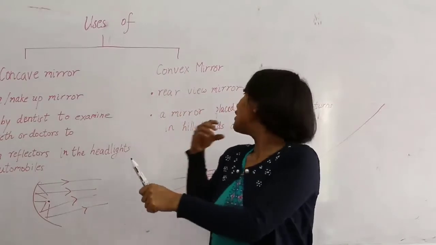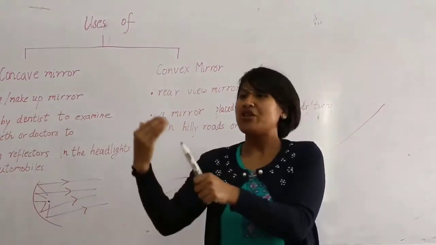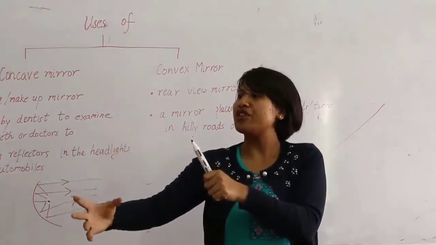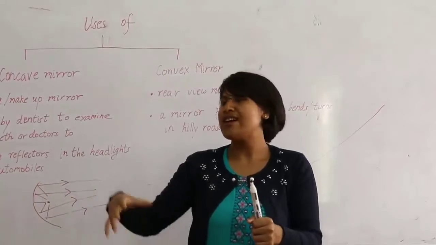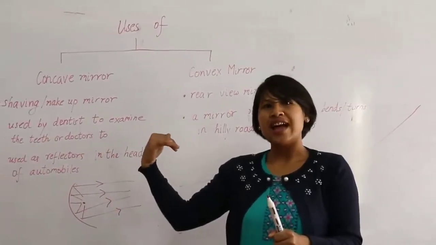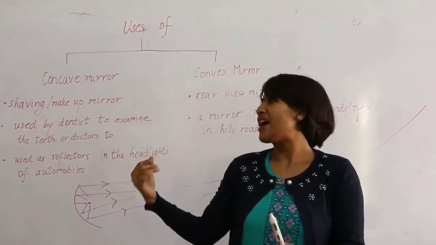It's not possible to do that by turning your head. With the help of a rear view mirror, when you want to start, you will know that there is actually no vehicle coming from behind. For your safety, they have placed a rear view mirror.